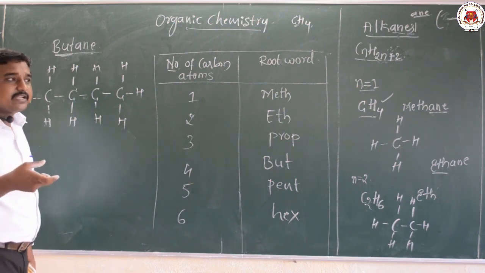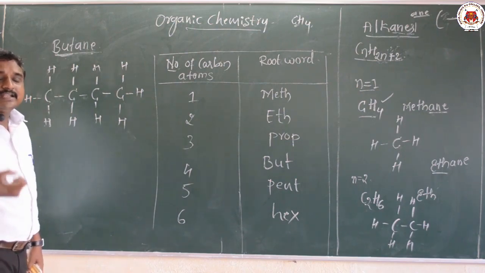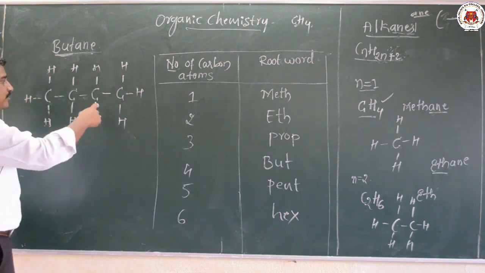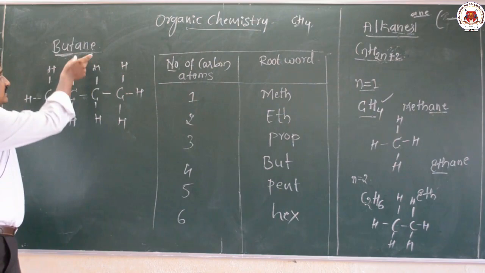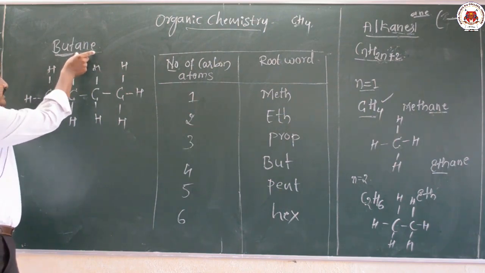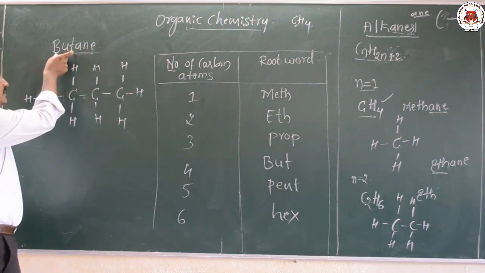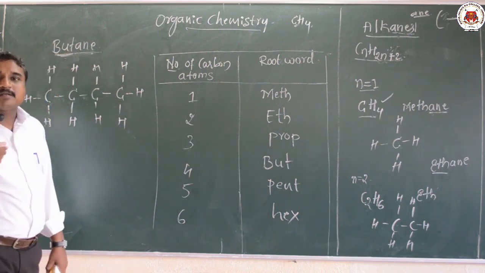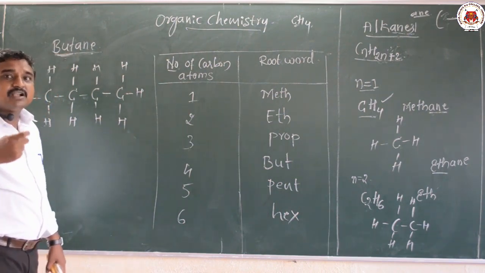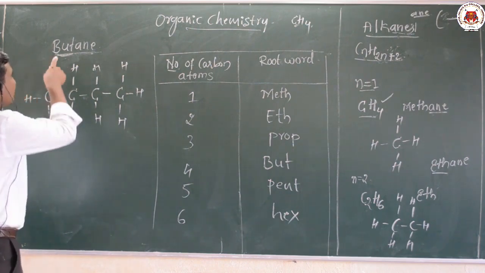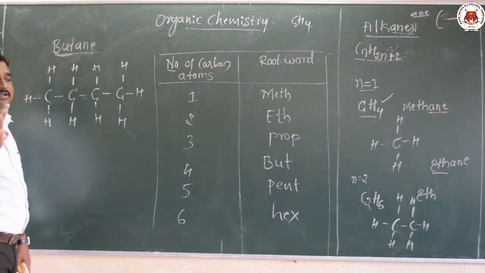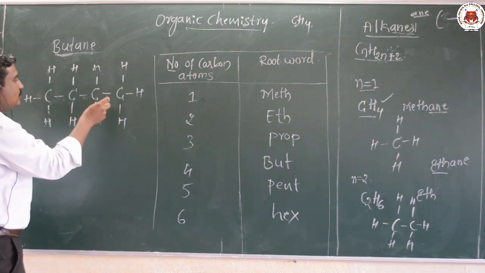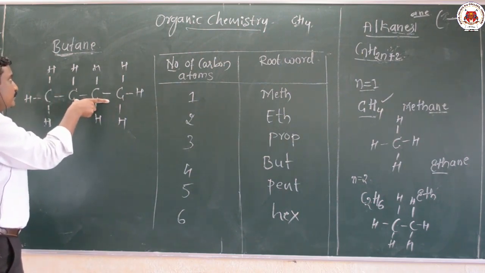ANE indicates the compound containing only single bonds. Here this compound contains only single bonds, hence we use ANE. And but is a root word which indicates the number of carbon atoms present in the given organic compound. So here but means there are 4 carbon atoms, 1, 2, 3, 4. So hence the root word but is used here.